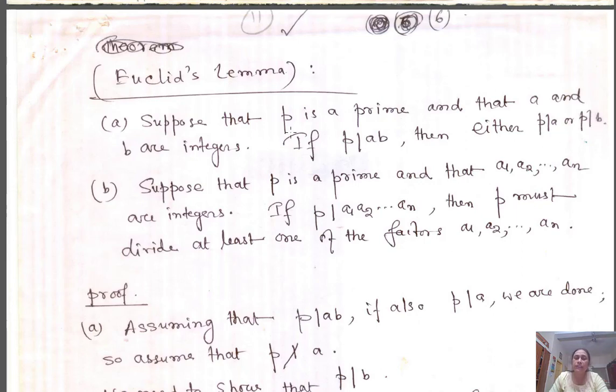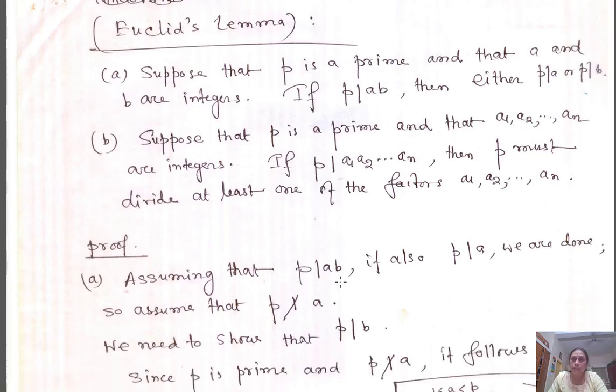You can generalize this: if p is a prime and a1, a2, ..., an are integers, and p divides the product a1 a2 ... an, then p must divide at least one of a1, a2, ..., an.